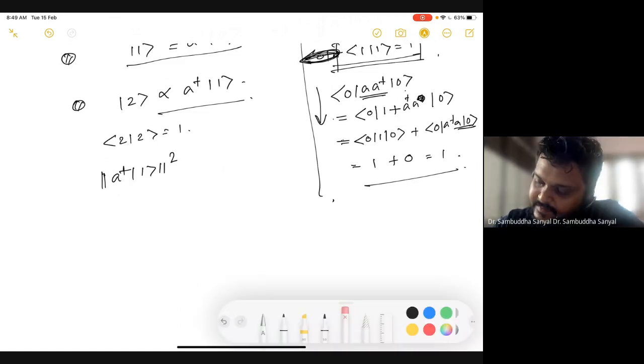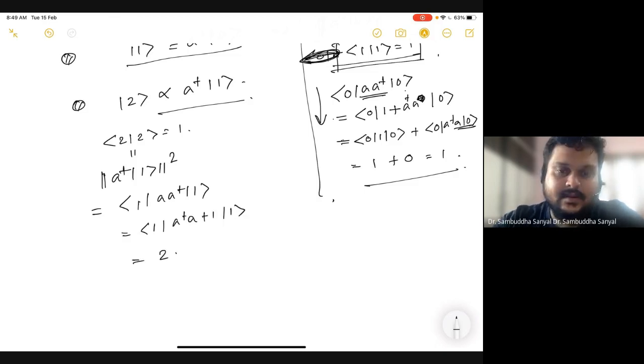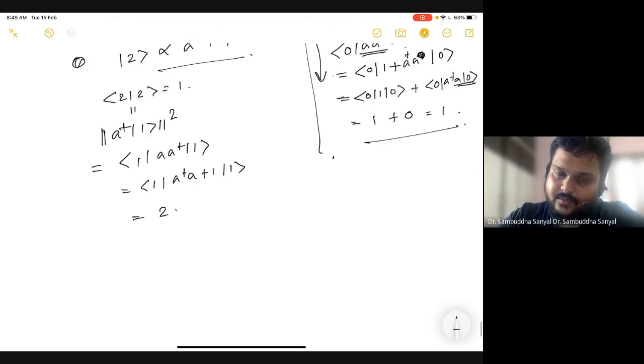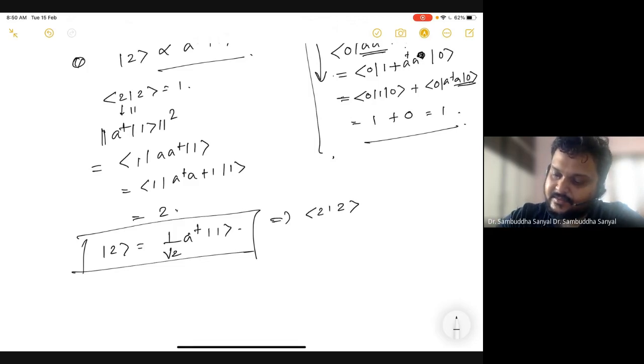This quantity is 1 a dagger a 1 plus 1 1, that is 2, right? So that means my 2 must be 1 by root 2 a dagger 1. If I write it directly, it is equal to 2, so I readjust the definition by putting a root 2 such that this is always true. This is what we demand, and we redefine it with this factor.